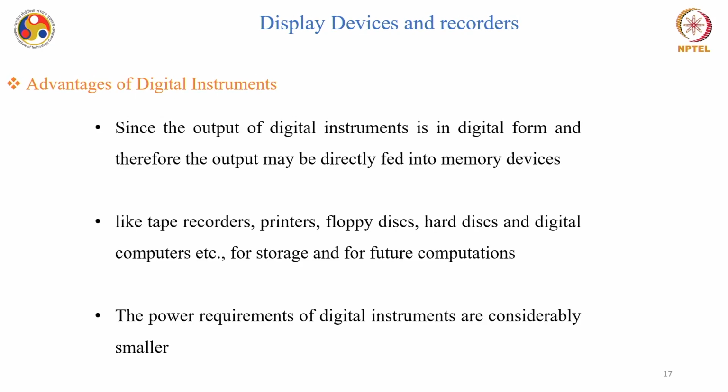Since the output of the digital instruments is in digital form, the output may be directly fed into any kind of memory device. We can feed it to tape recorders, printers, floppy disks, hard drives, SSDs and digital computers for storage and for future communication.